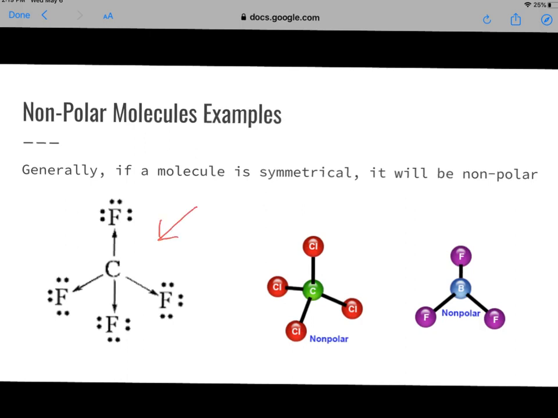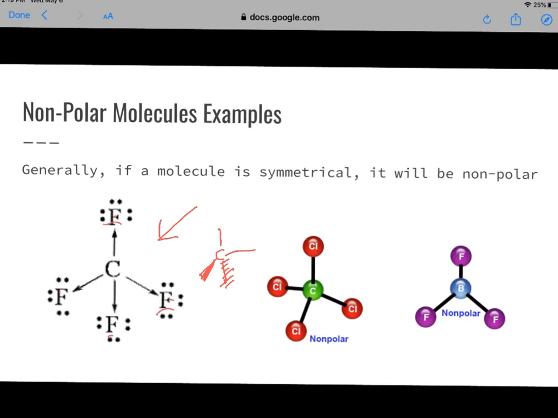If you look at this one, we've got a carbon in the middle and then we've got fluorines all the way around. This is that sort of tetrahedral shape, where we've got one fluorine coming out at us, one that's even with the carbon, and one that's sort of going back. So its three-dimensional shape is symmetrical all the way around.